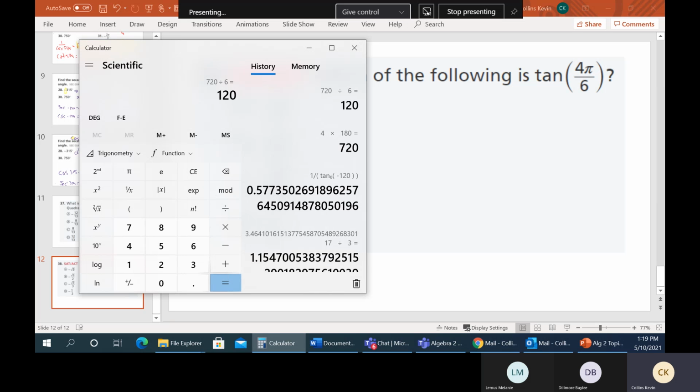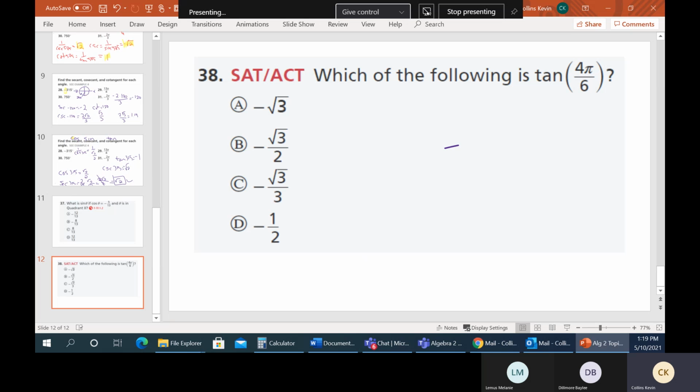So that's 120. So they want the tangent of 120. So we go like this and we get the tangent is negative 0.732. So which answer is our guy? A, B, C, or D?